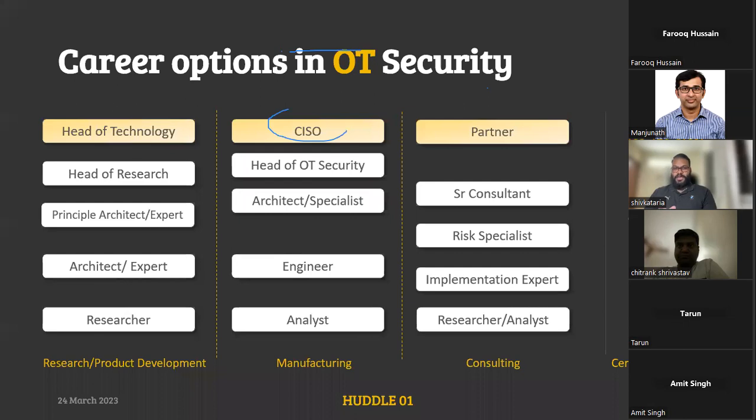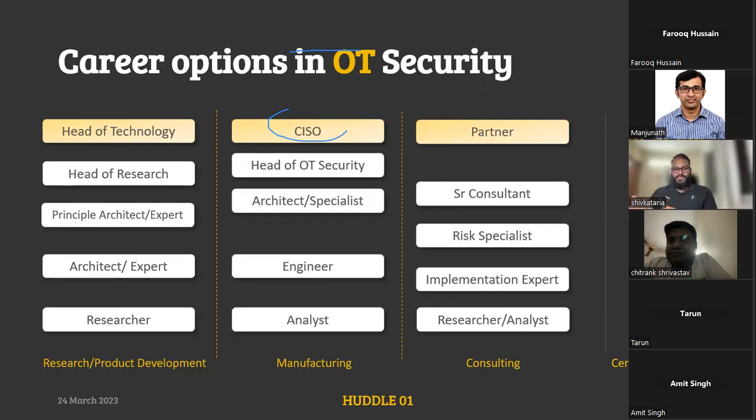This slide shows the career options available across three different areas: research and product development, versus manufacturing, versus consulting. On the research or product development side, you start as a researcher, then become an expert architect, then a product architect or principal architect, then maybe head of a particular product development group, and finally you can reach the head of technology level.